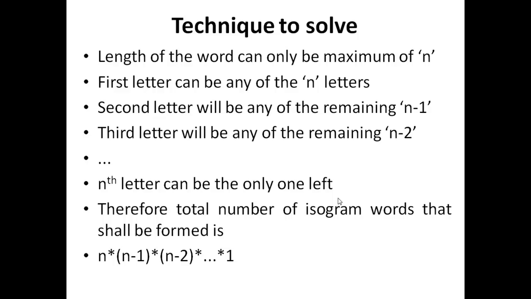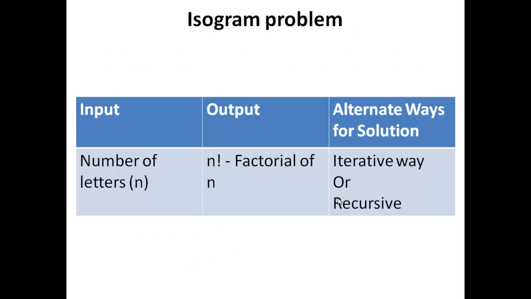So therefore the total number of isogram words that can be formed is of the form n star n minus 1 star n minus 2 star etc. up to 1. So if you are familiar with the notation, we can notice that it is of the form factorial.